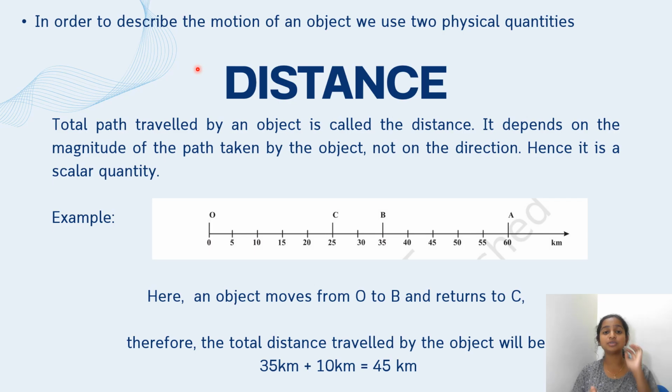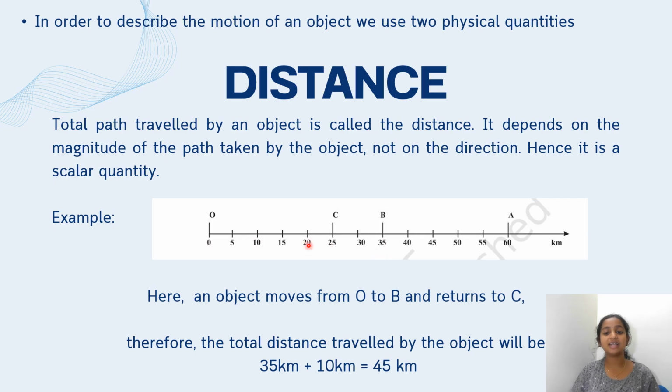We always used to say, I have traveled 50 kilometers. I had traveled 100 kilometers from my home to reach the school. So that is distance. And distance is a scalar quantity. So what is distance? It is the total path traveled by an object. So here you can see this is a number line.